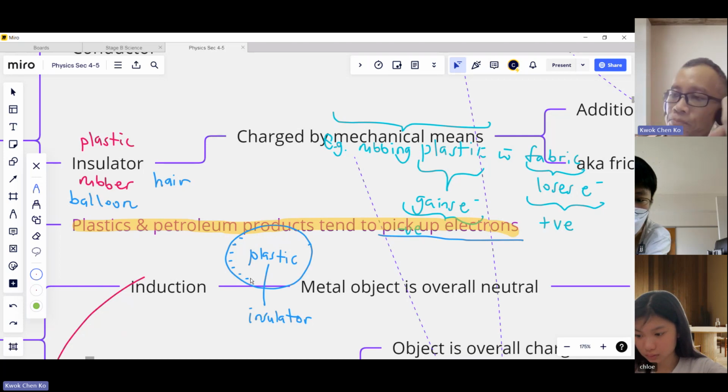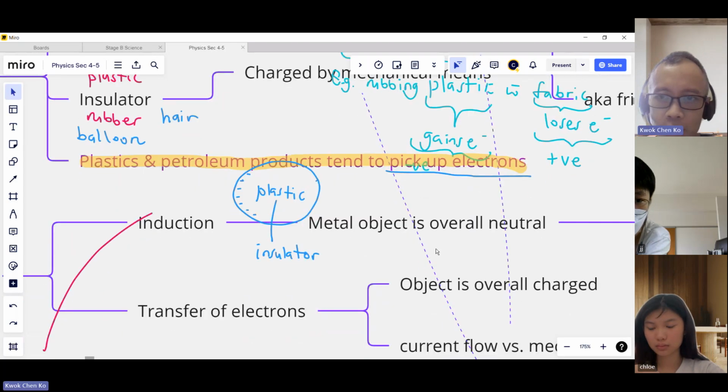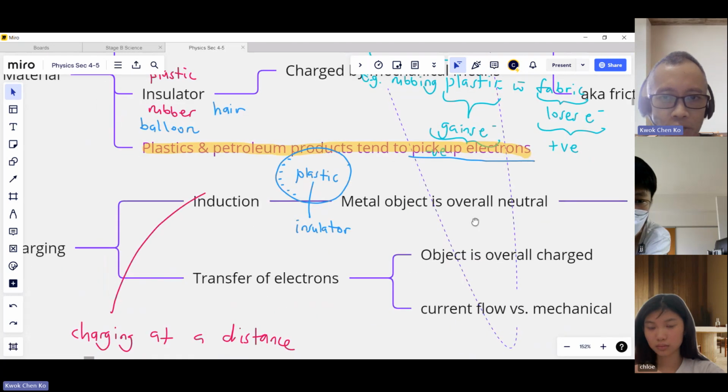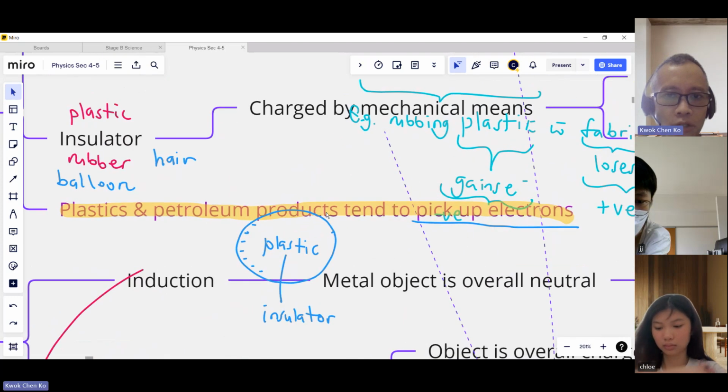Oh, by the way, how does a plastic, an insulator, pick up electrons? Well, I think I haven't mentioned this point yet, but essentially it's by rubbing. So you have a plastic object.